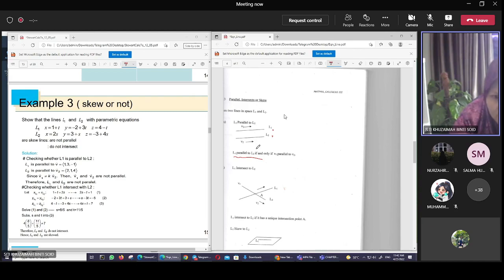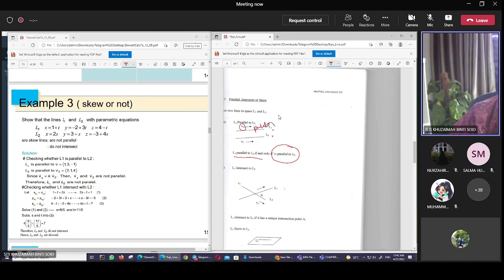Kita buat scalar multiple kan, nak determine vector lah. Okay, but now dia cerita tentang line. This line and this line, they are parallel. But the way to check is, memang kita guna the vector again. V1 parallel to vector V2. Maksudnya this is a parallel vector lah kan.